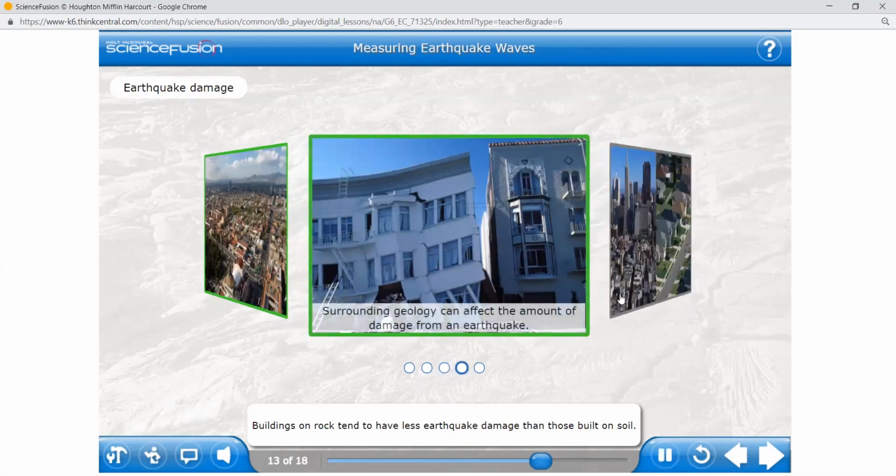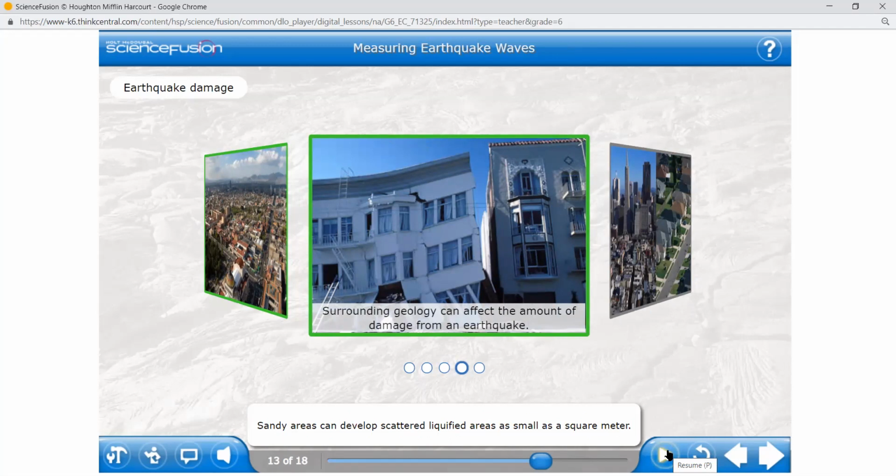Buildings on rock tend to have less earthquake damage than those built on soil or sand. That's why the buildings which are built on rocks don't have much chance to get damaged, whereas the buildings which are on soil, they have much more damage from an earthquake. To choose a good area is also very important.